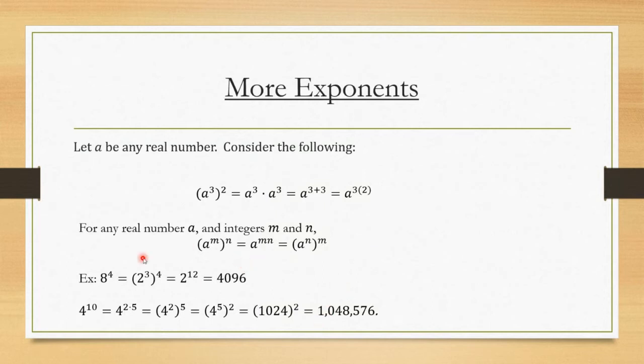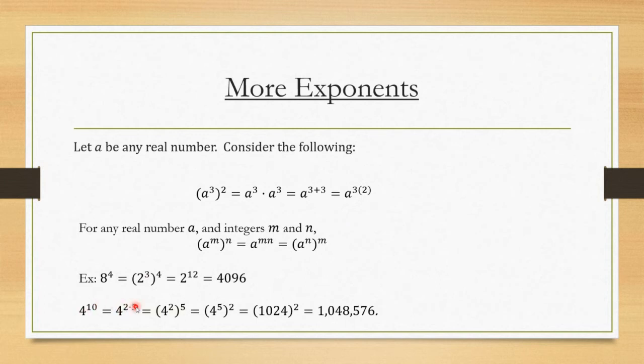So as an example of this, I'm just playing around with this rule, but 8 to the 4, well, 8 we know is 2 cubed. 2 cubed raised to the 4th, that's equal to 2 to the 12th, right? 2 to the 3 times 4, 2 to the 12th, which is this. 4 to the 10th, right?